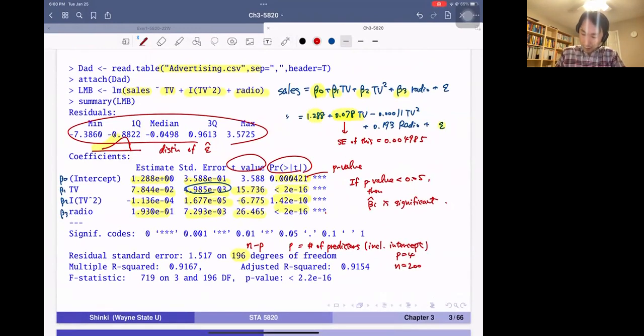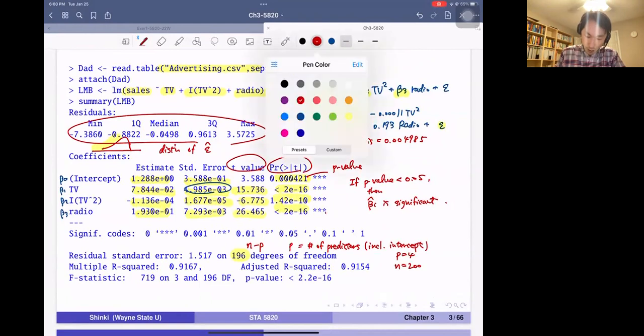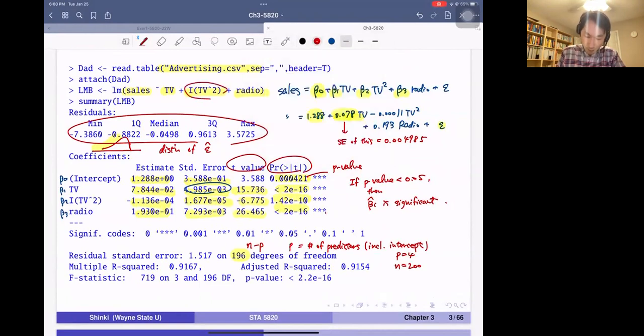Maybe one common question is why we have to put I on TV square. I cannot really explain it, so just R works in this way.